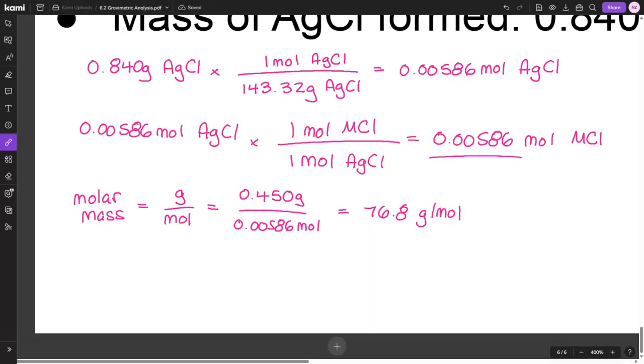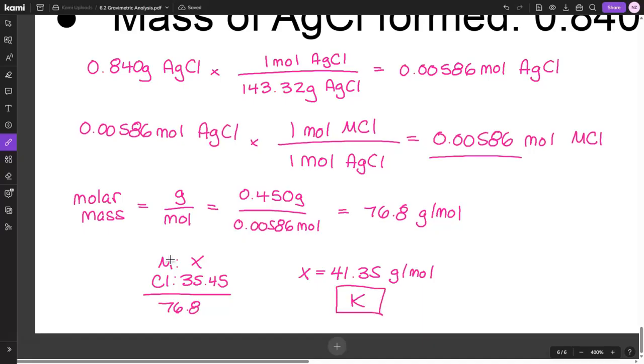Now, whatever our unknown metal is, plus my chlorine, will add up to 76.8. So my metal we don't know. Chlorine is 35.45. So if I subtract that, I get X is equal to 41.35 grams per mole. And that, if I look at my periodic table, matches up with potassium. And that is how you do the calculations for gravimetric analysis.